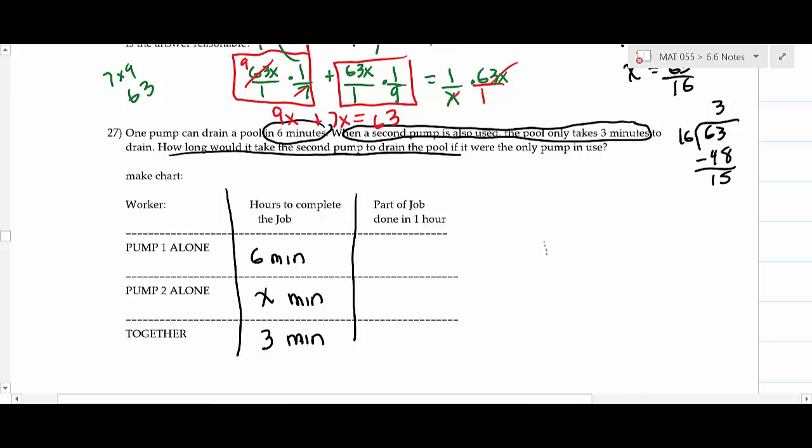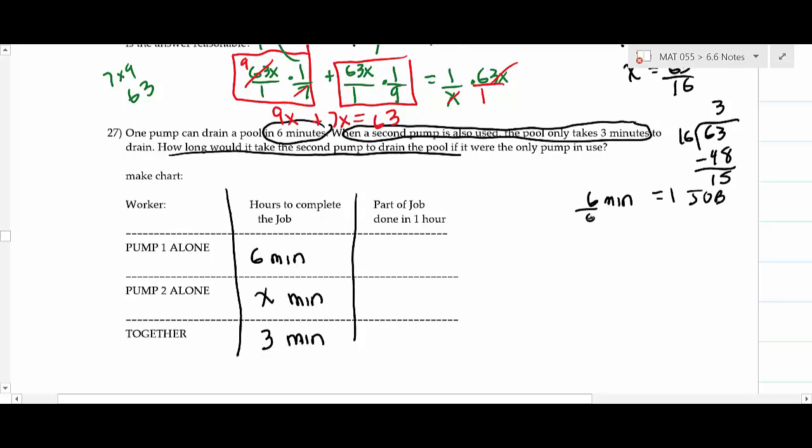Okay? Now, what part of the job is done? If it takes you 6 minutes to do one job, then how much of the job's done in 1 minute? 1/6. So you know that in 6 minutes you can complete one job, correct?